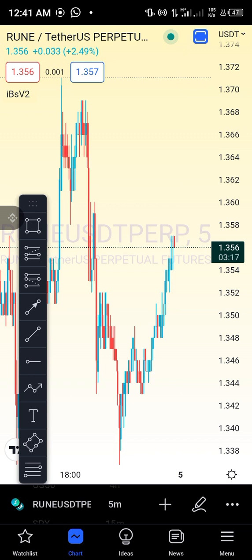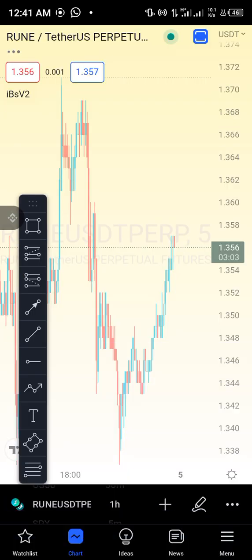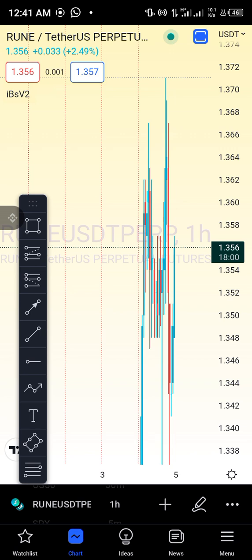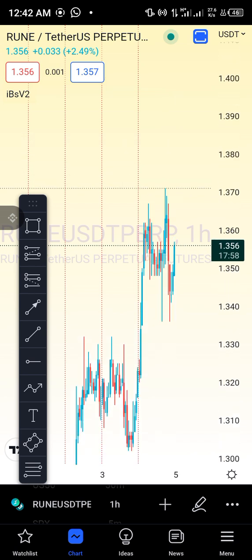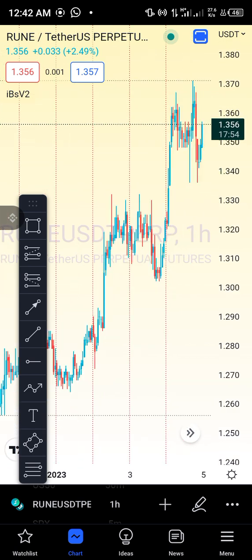Top-down analysis in the sense that you start from a high time frame, probably 1 hour or 4 hours, but I strongly recommend you start with the 1 hour time frame. So I'm going to switch to the 1 hour time frame here. Now that it's on 1 hour, we can see clearly the direction of the market.